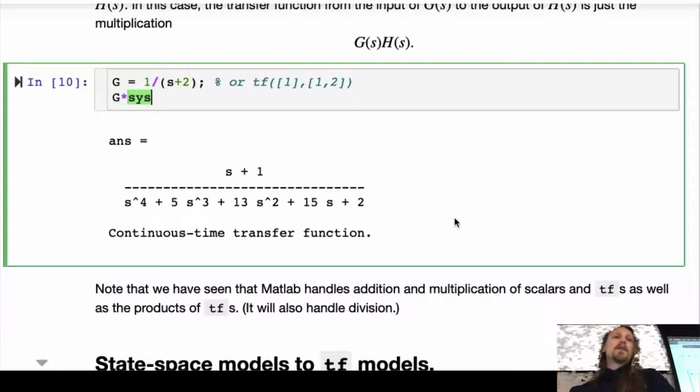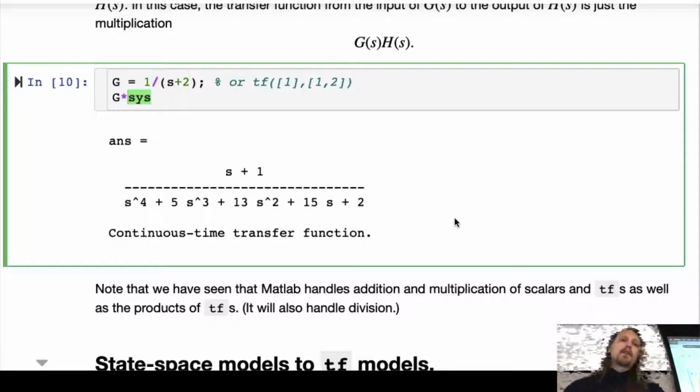You don't actually need the Symbolic Toolbox to do this, though. The Control Systems Toolbox, which handles TF and SS and all those functions, is all you need. So you're kind of doing something symbolically, even though it's not explicitly so.